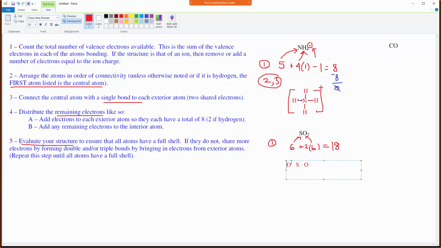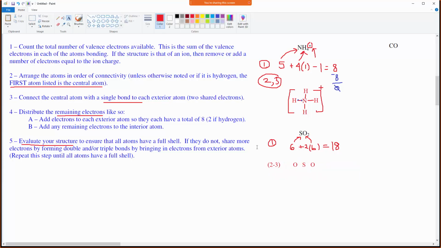This is step 2 and 3. So we're going to give them some single bonds here. We put them around this way, and then we connect them with single bonds, because if they don't have at least a single bond, then it's not part of my compound.